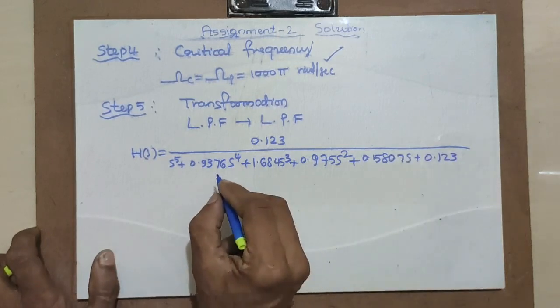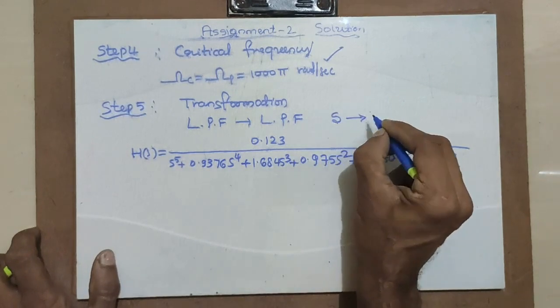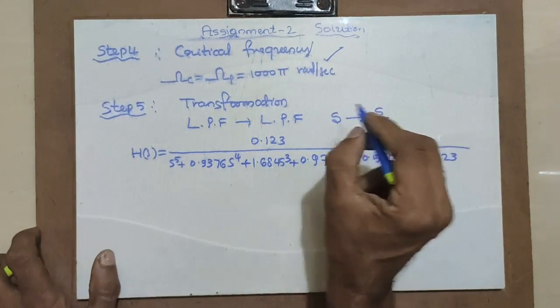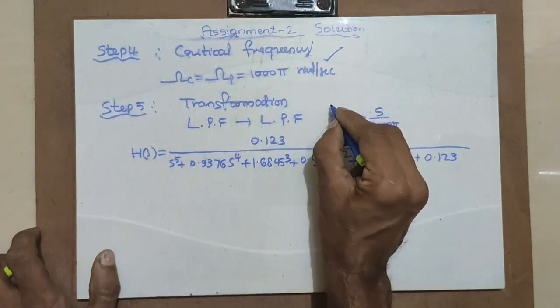Here low pass to low pass transformation means wherever s is there, I will substitute s by omega c or omega p, that is s by 1000 pi. This is the substitution that is required for us.